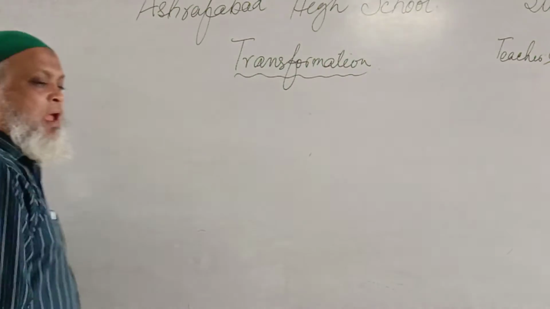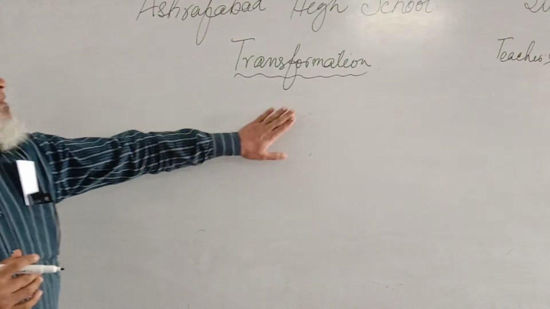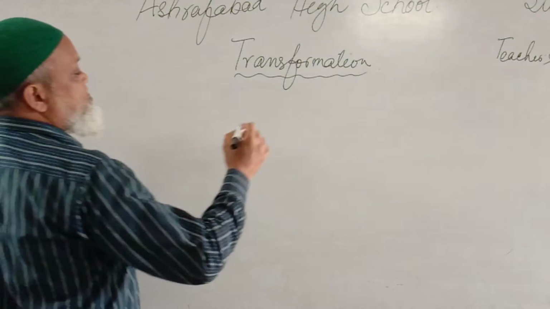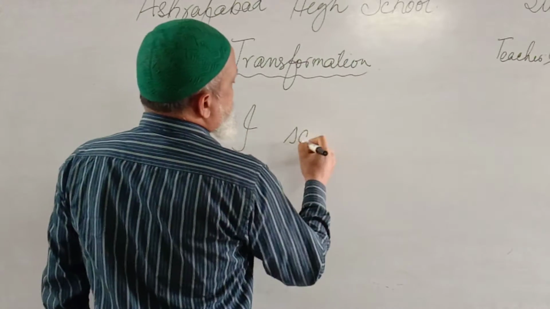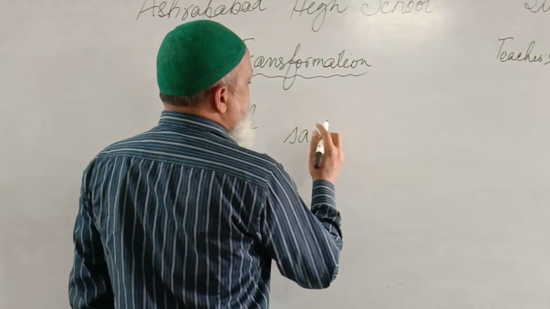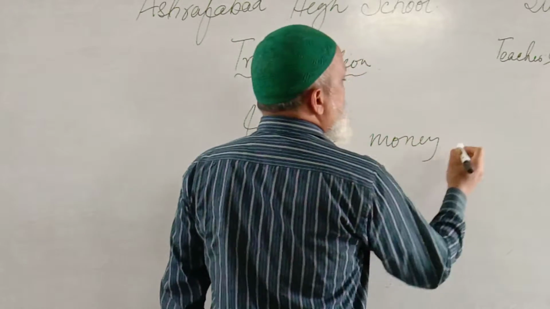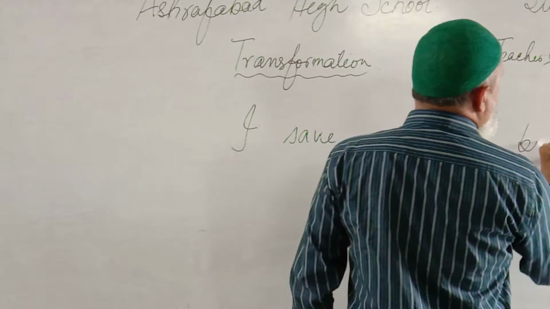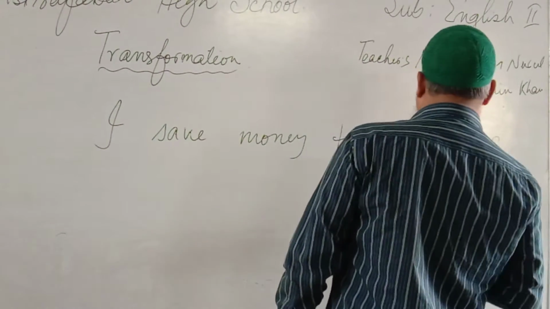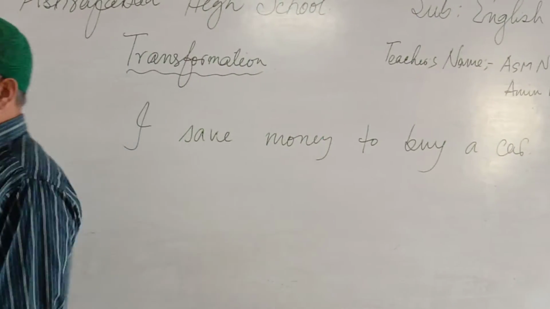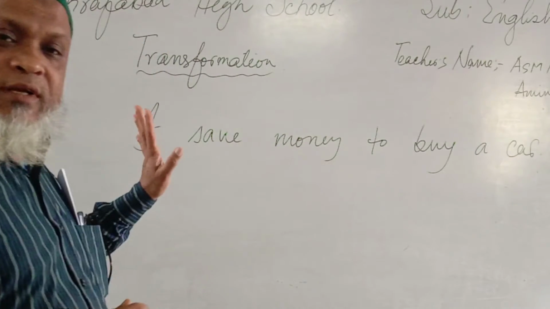I am writing an example of a simple sentence: I save money to buy a car, or I save money in order to buy a car. It is a simple sentence.